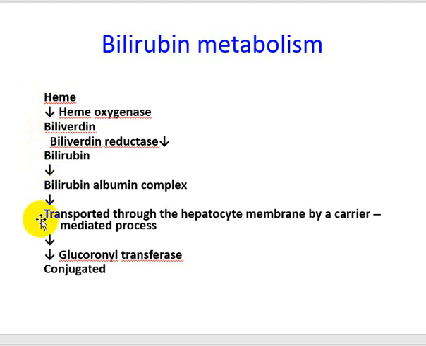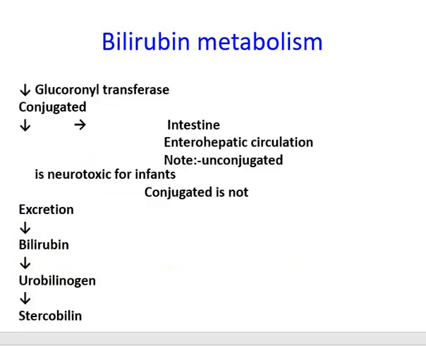Then it is transported through the hepatocyte by a carrier-mediated process, and then conjugation occurs by the enzyme glucuronyl transferase. Then excretion through bile, through the intestine, and through the renal route, either as urobilinogen or stercobilin. And when it is conjugated in the liver, it can go to the intestine, and from the intestine back to the liver. We call it enterohepatic circulation.